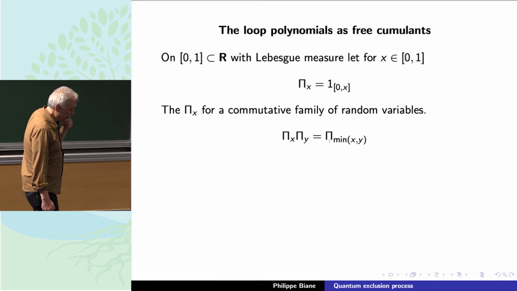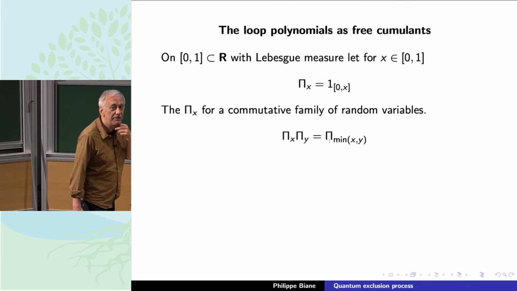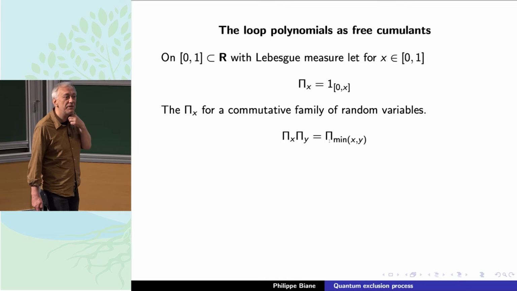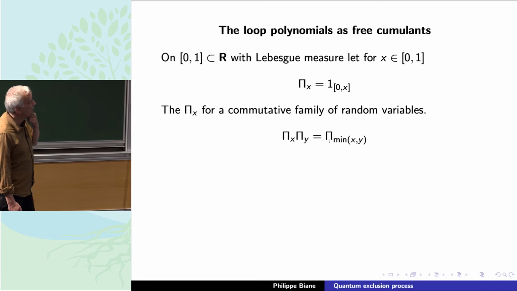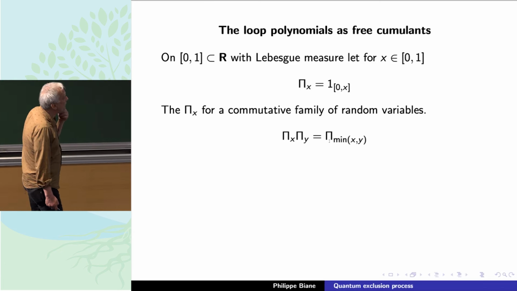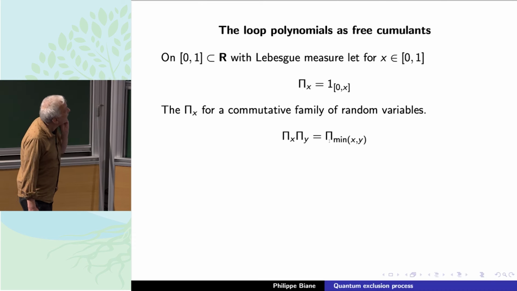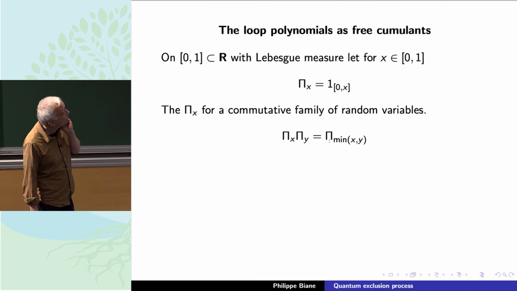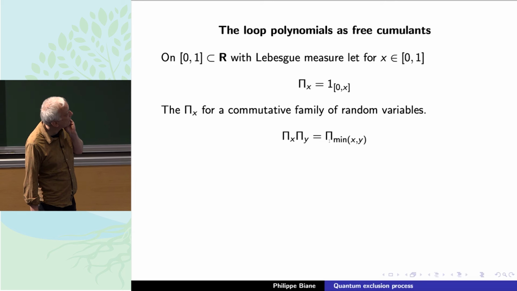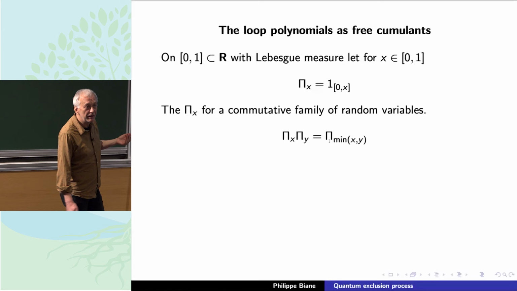And now it turns out that the loop polynomials are actually free cumulants. That is something which is quite surprising. So in order to describe this, let me consider the interval 0, 1 with the Lebesgue measure. Let me define the random variables pi x by a function which is 1 on the interval 0x and 0 outside.